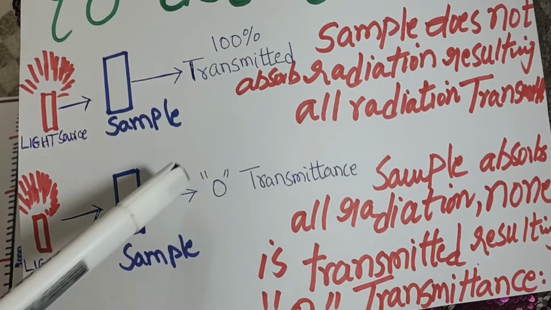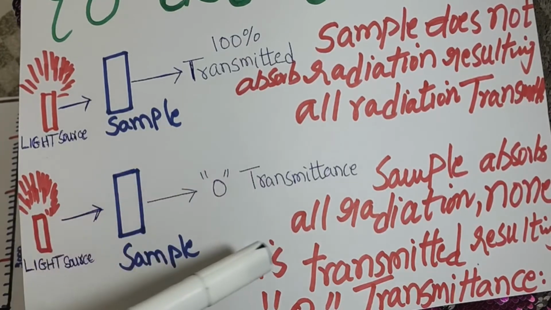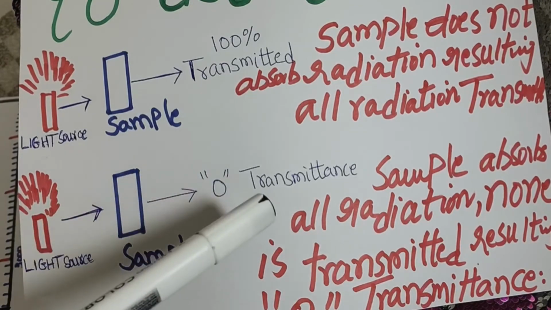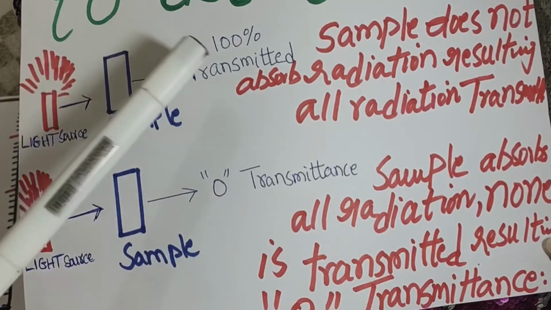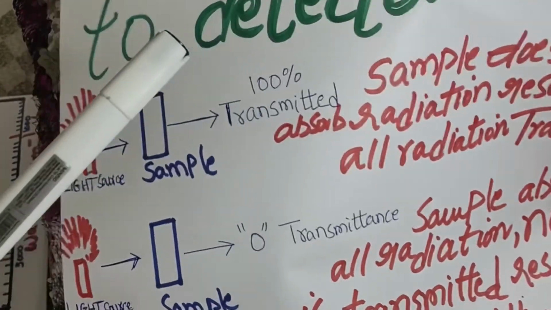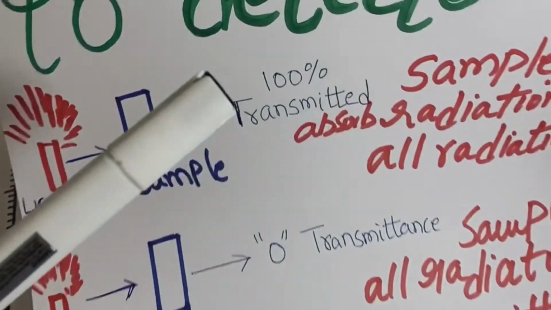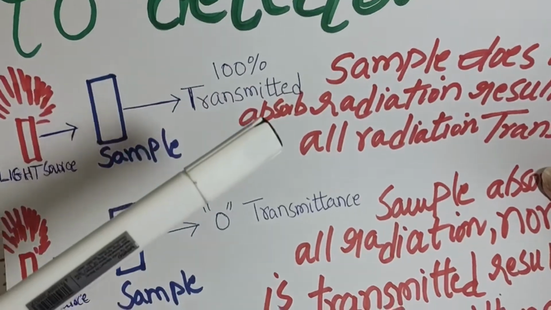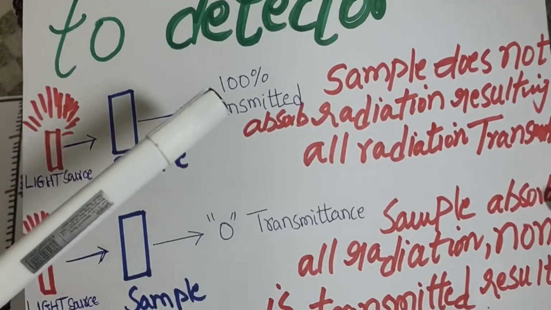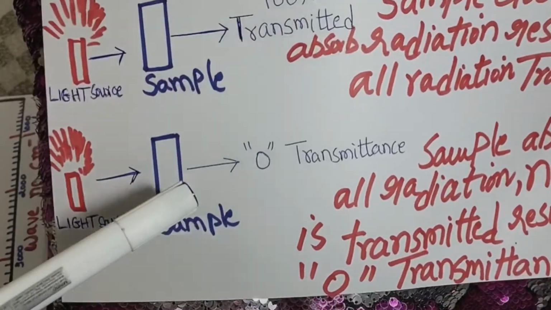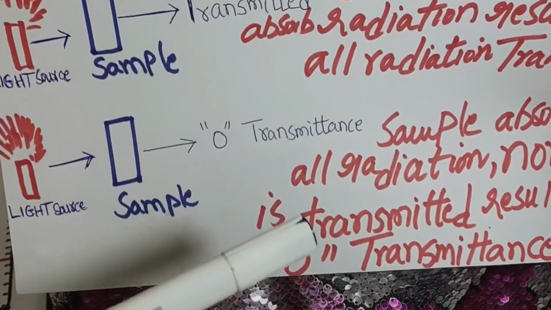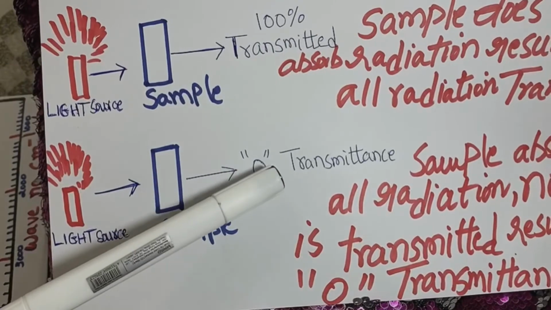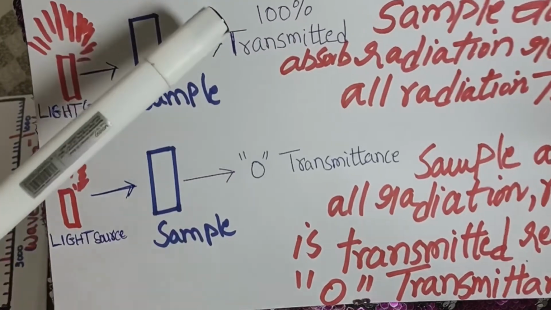In the above example it was 100% transmitted because the sample does not absorb the radiation. Whereas in this case, the sample absorbs all the radiation and nothing is transmitted, so you get zero transmittance.